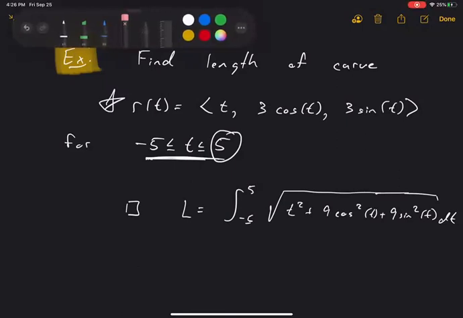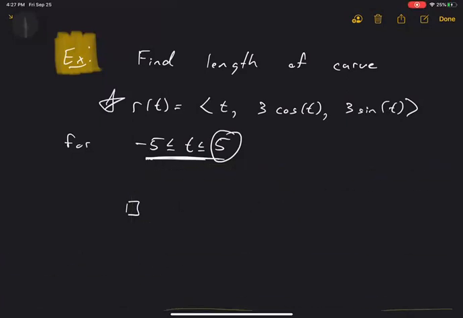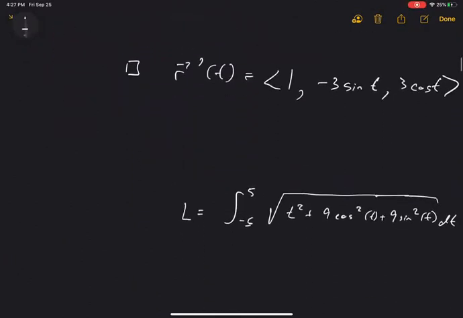I've kind of spoiled it here, but I said, if r of t is that, then r prime of t is 1, -3 sine t, 3 cosine t, right?